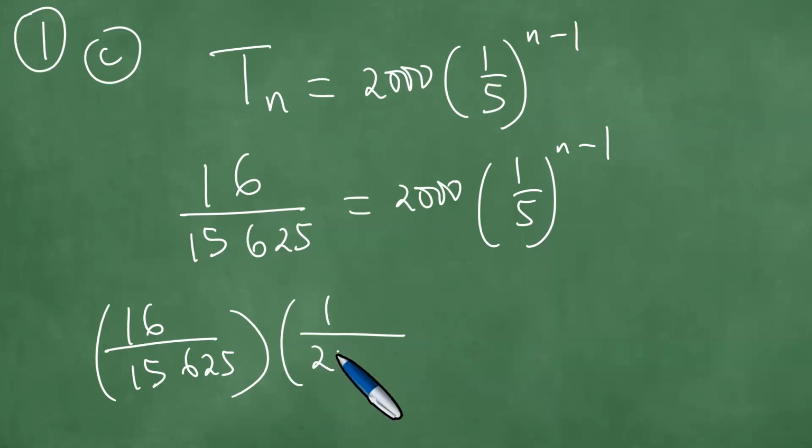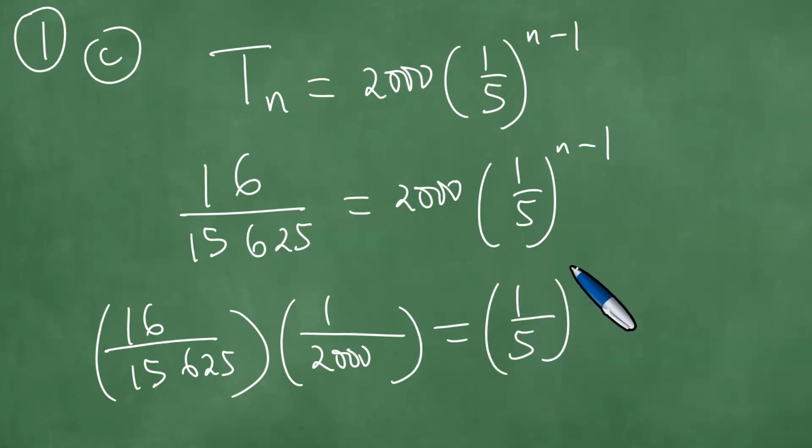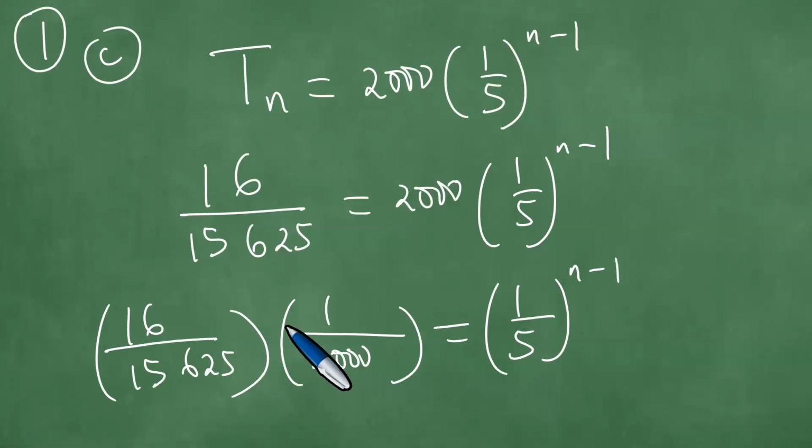1 divided by this, which is 1 divided by, and then you have 1C, and then you divide these here.